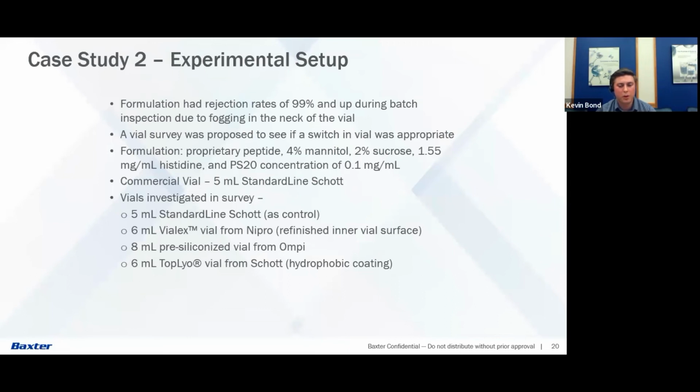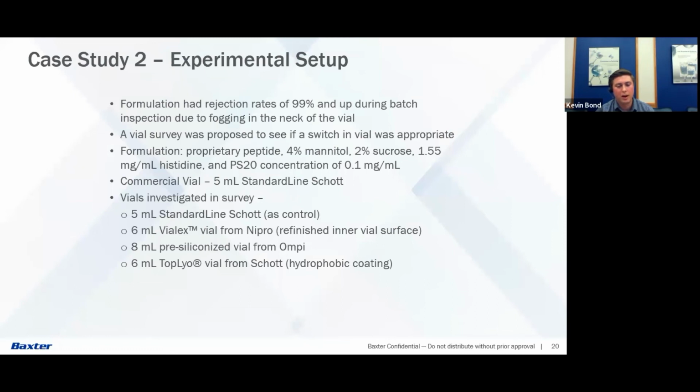So the formulation consisted of a proprietary peptide, 4% mannitol, 2% sucrose, some histidine, and PS20 at a concentration of 0.1 mg/mL. And in addition to the vial which was already in use, there were 3 new vials which were used as comparators. The vial which was already in use was a 5 milliliter standard line vial from SHOT, and we used that as a control.